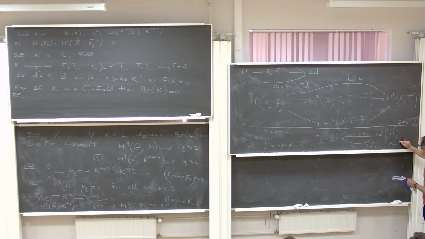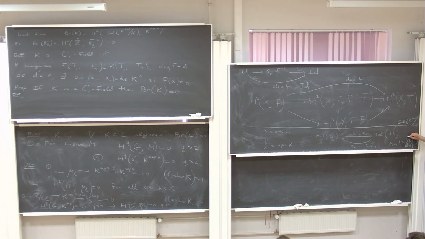You can take either Hom over Z of H from Z of G to M. That's probably called co-induction.